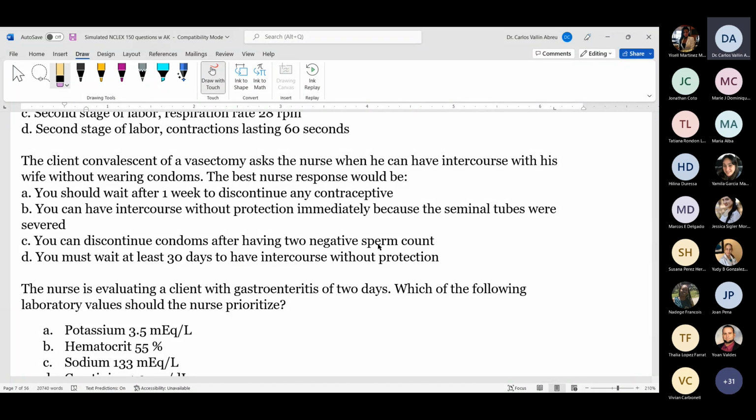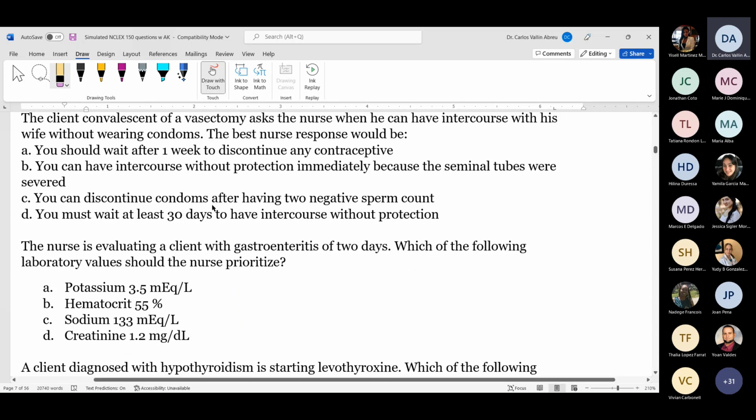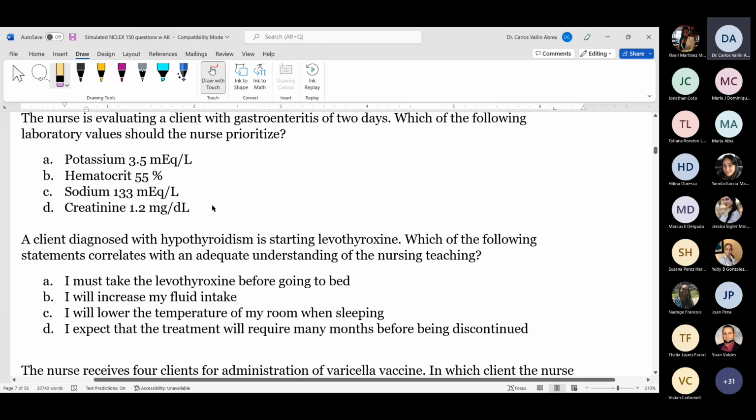So some guys do that earlier, some guys do that later. The best and the only certain answer is use condoms until you have 2 sperm counts, 2 spermatograms, with zero count. Then you can relax and be sure that you cannot impregnate a woman.